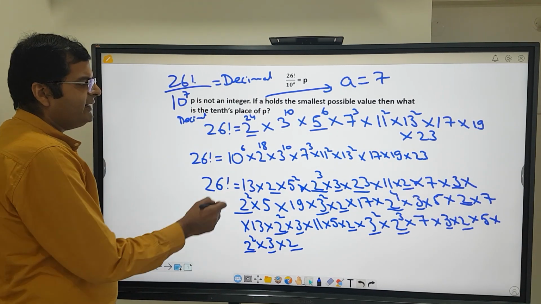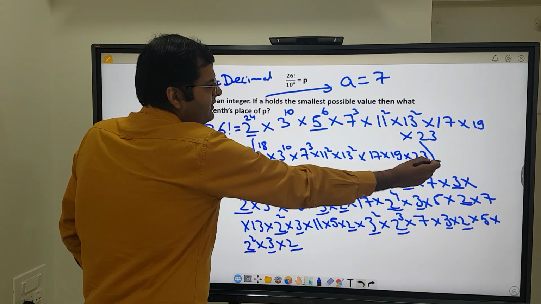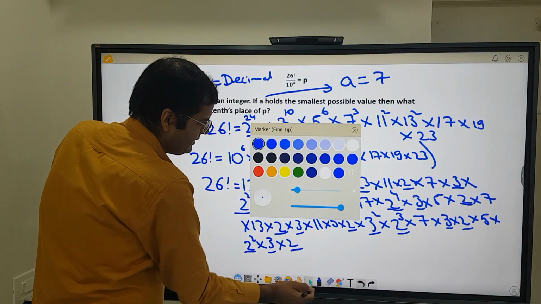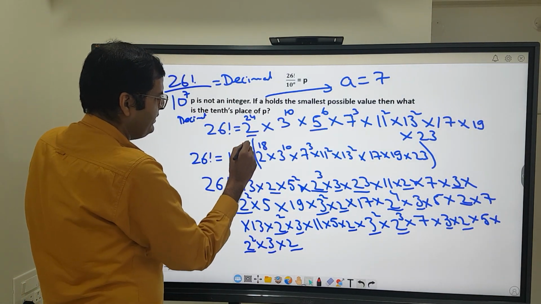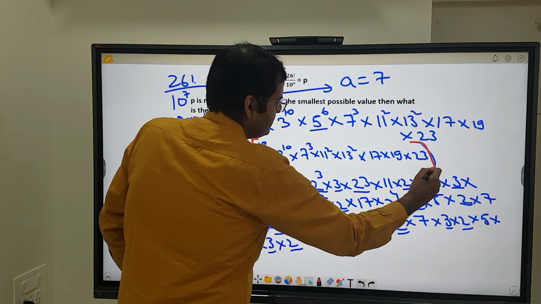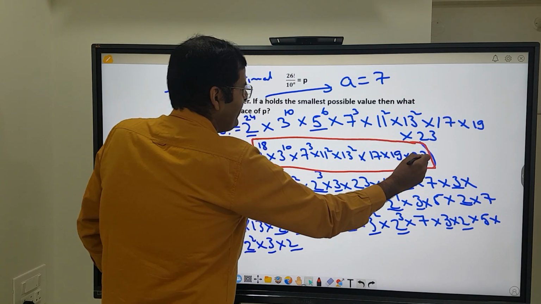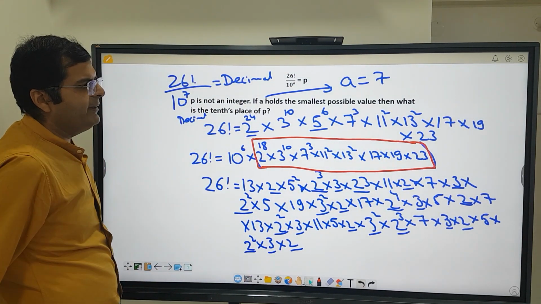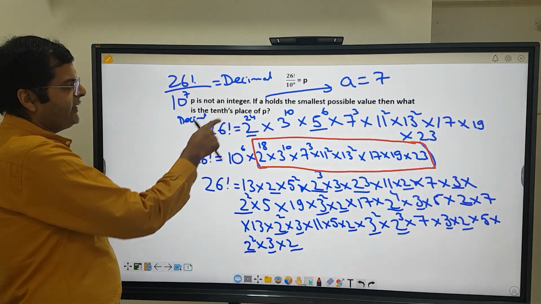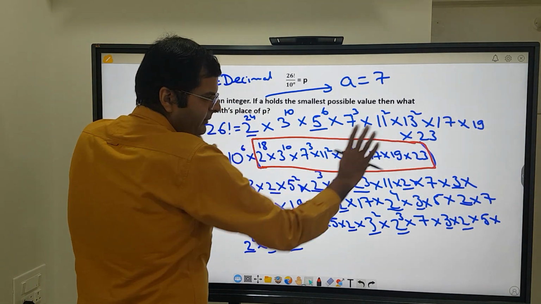So now if you look at it, this 10 raised to power 6 into this entire number, whatever is the units digit of this number, which I am just putting in a bracket, I'll just change the color for the bracket. So this entire number that I am putting in this box, the units place of this number will be the answer of this question, because 26 factorial upon 10 raised to 6 will give me this number basically.